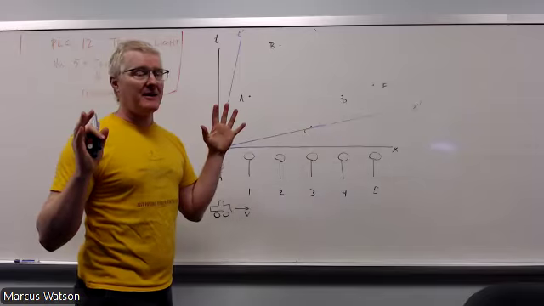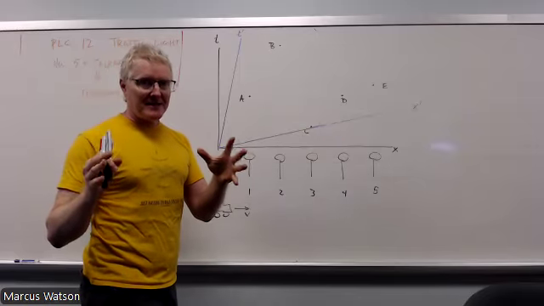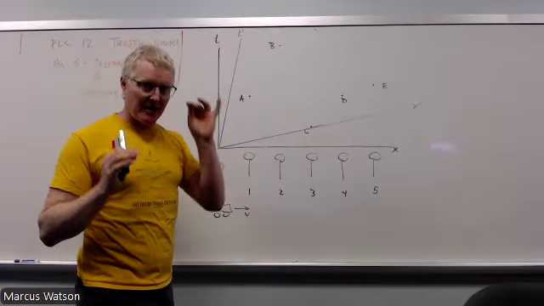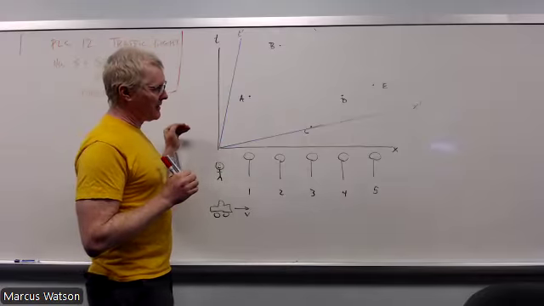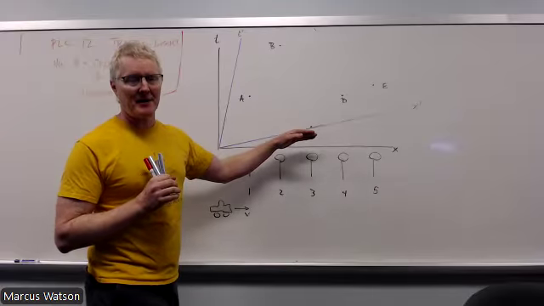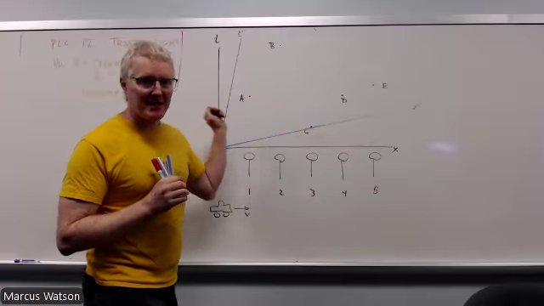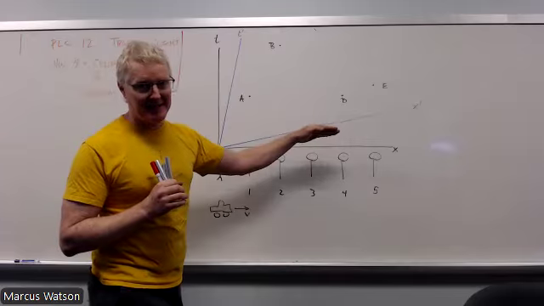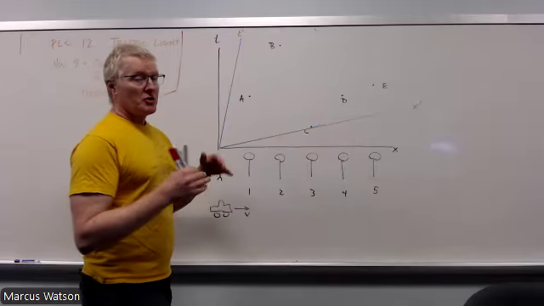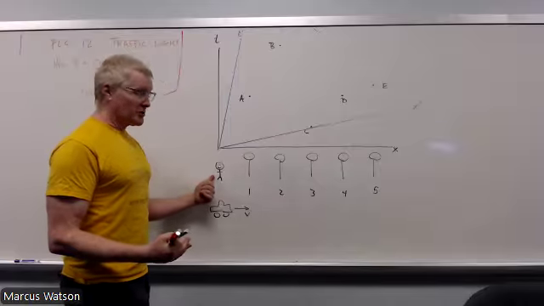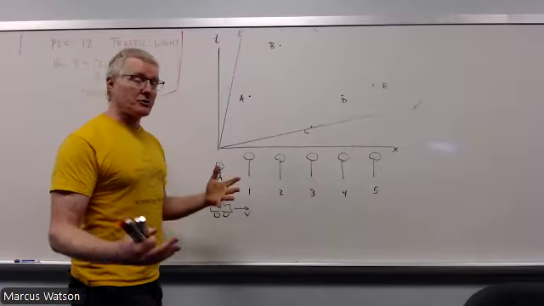Okay? That's a fundamental piece that I want you to just keep in your mind for a minute. If you want to look at things that happen at the same time, you look at lines parallel with the space axis.